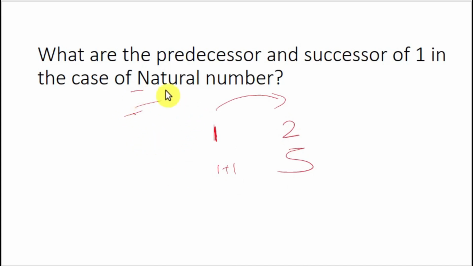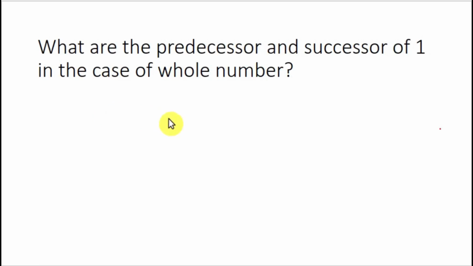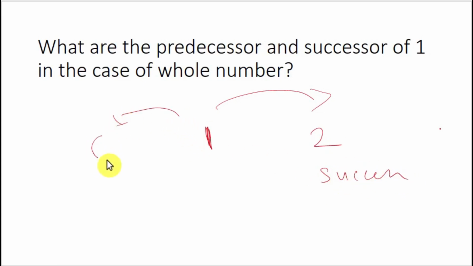Here, in the case of natural numbers, there is no predecessor for 1. But in the case of whole numbers, the successor is 2 and the predecessor is 0.